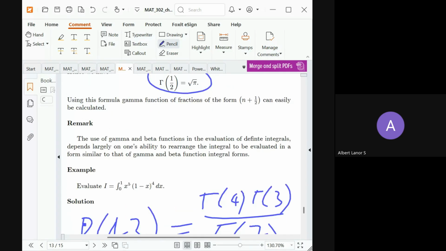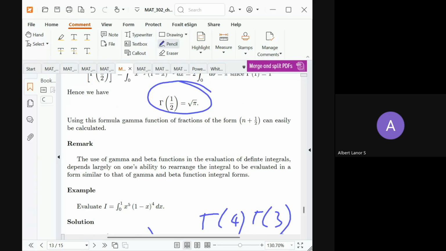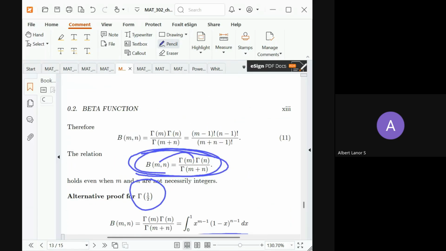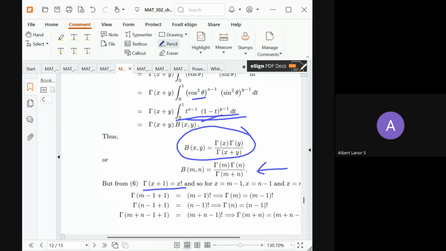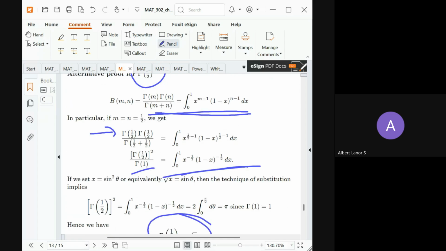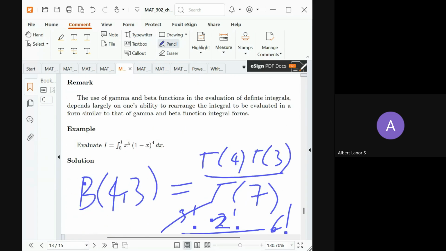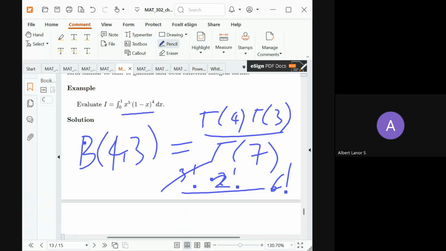So from here, it should be minus 1, minus 1. Okay, so this is how you get it. Now, this one, the powers must be minus 1. So it should be 6 minus 1, and then 5 minus 1. This should be the powers.